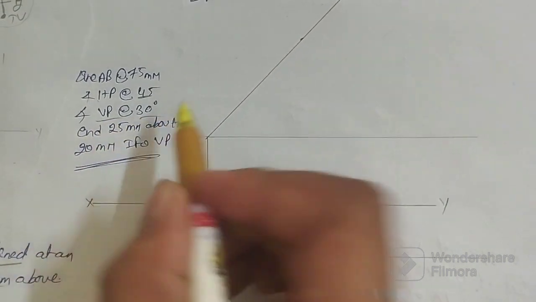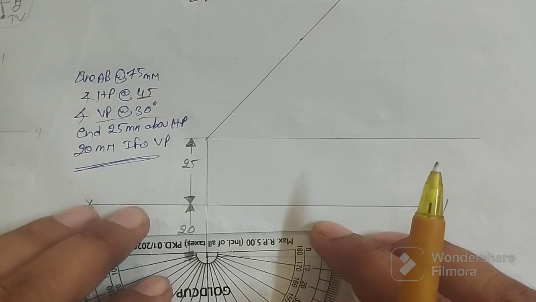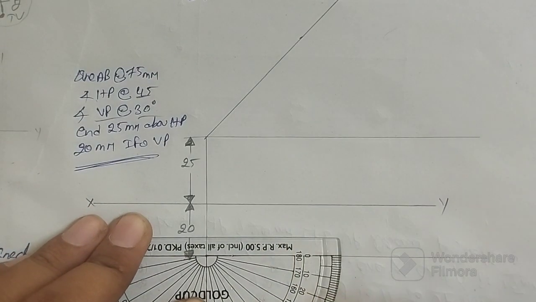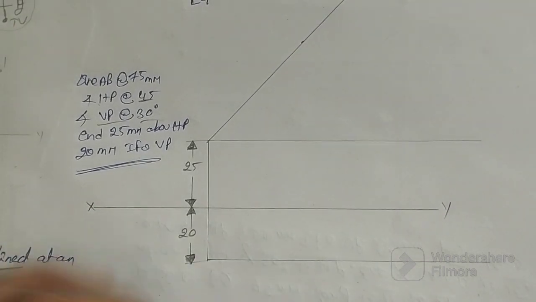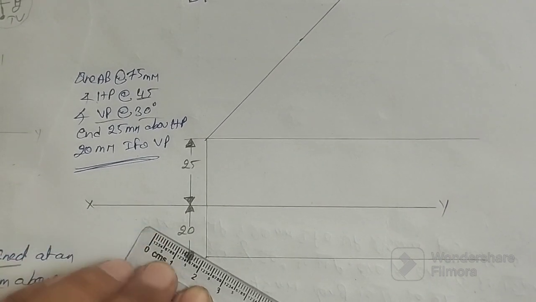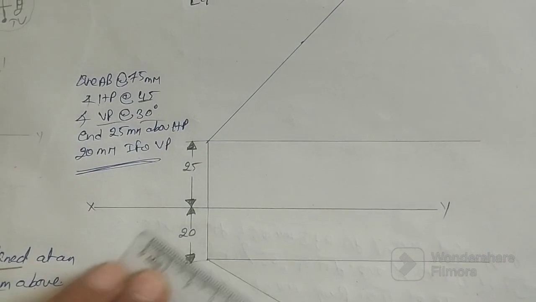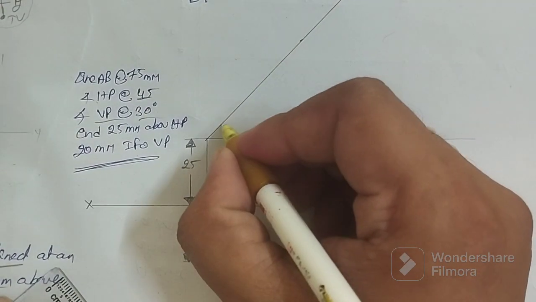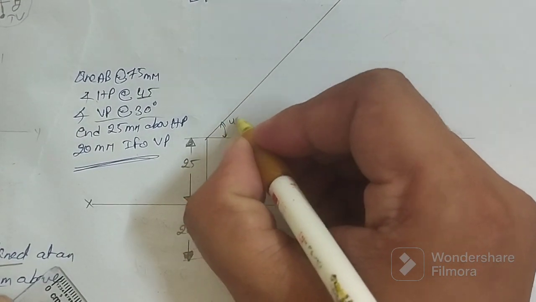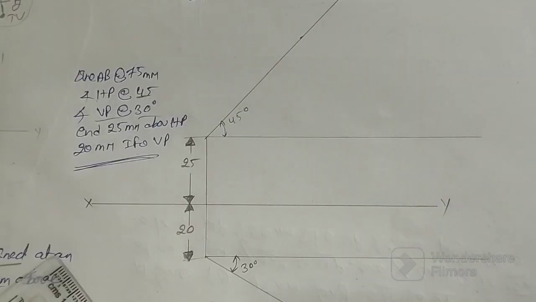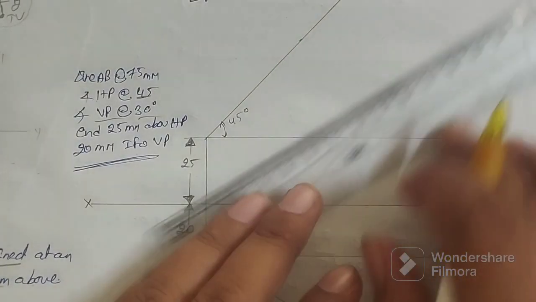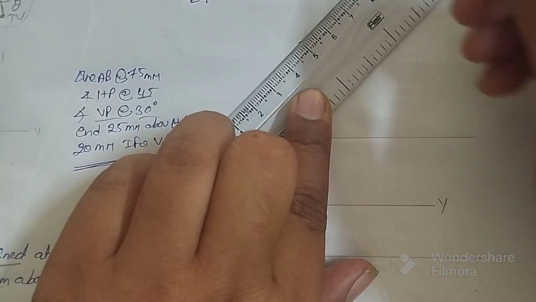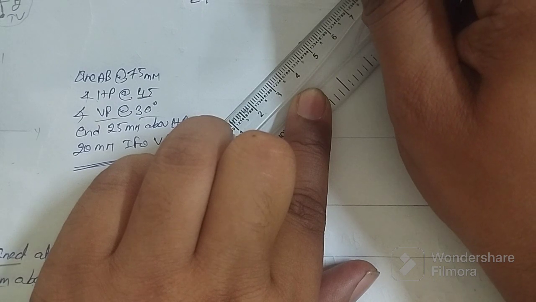Similarly, 30 at VP. I'll take up a protractor and mark 30 degree. Given is 30 degree, and this given is 45 degree. The given length is 75, so let me measure 75.